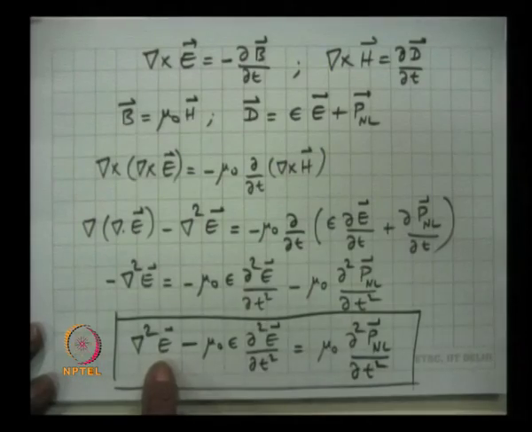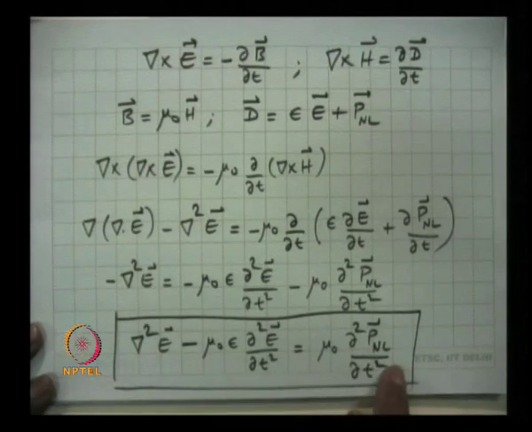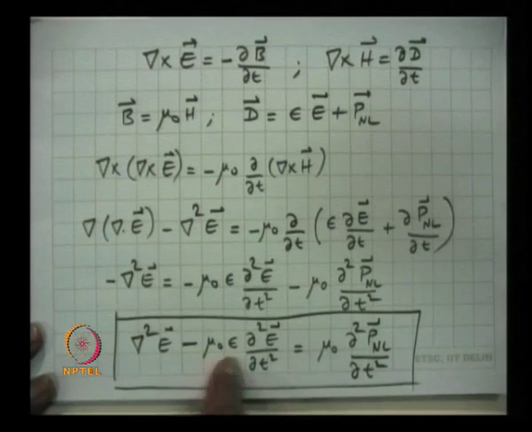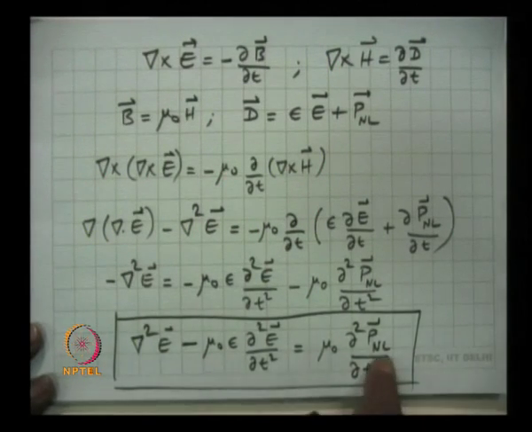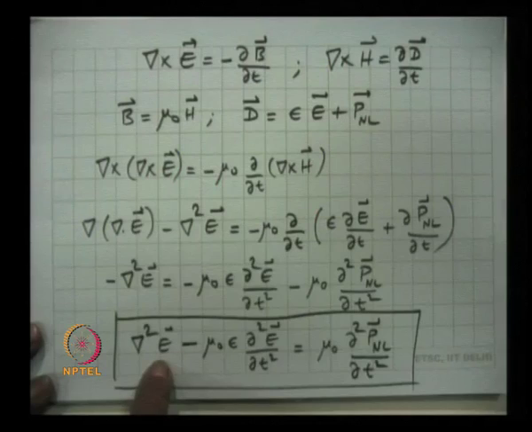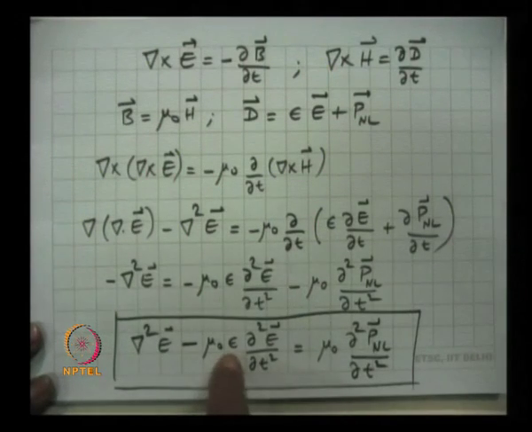So, the frequency omega will satisfy this equation for omega frequency, where epsilon will be at omega frequency, E will be at omega frequency, P nonlinear at omega frequency. For the 2 omega frequency, the electric field at 2 omega frequency, the epsilon at 2 omega frequency, P nonlinear at 2 omega frequency.